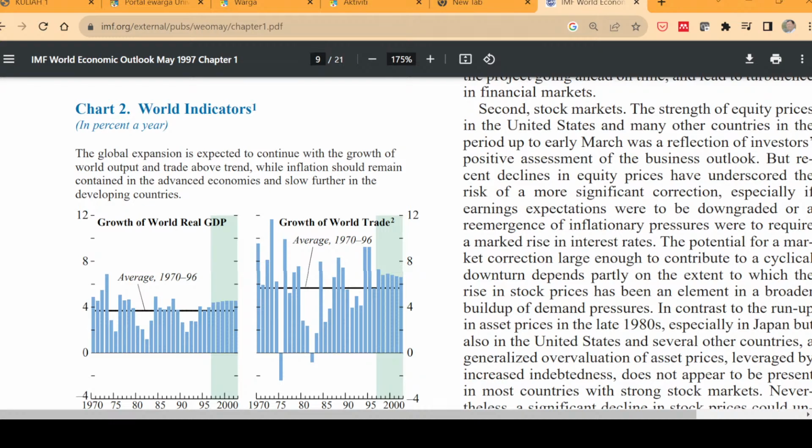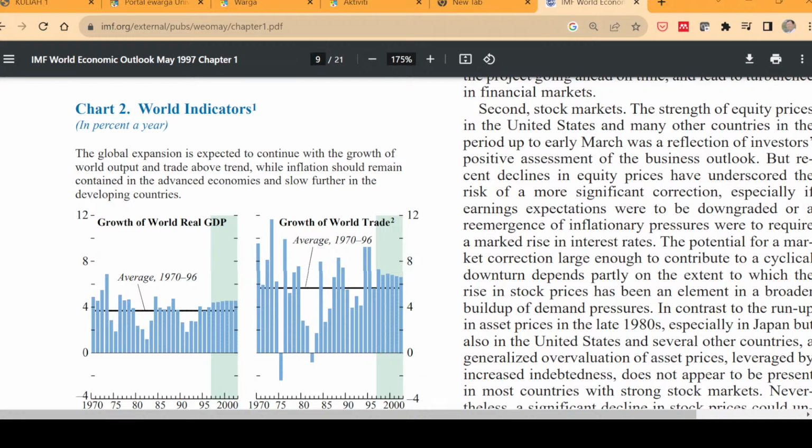This is world economic growth on the left. 73 first oil shock, 79 second oil shock.